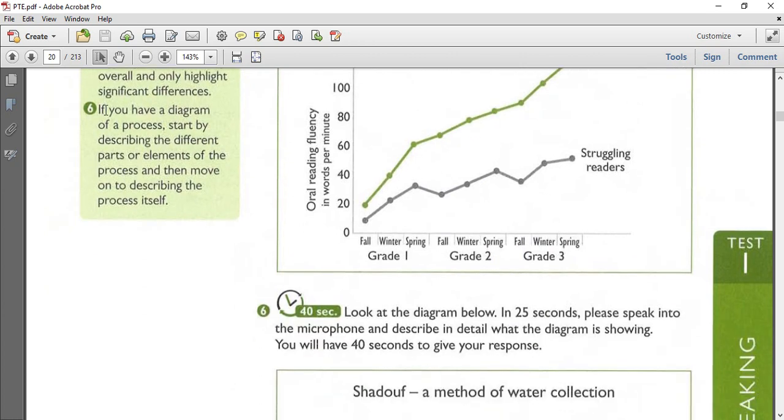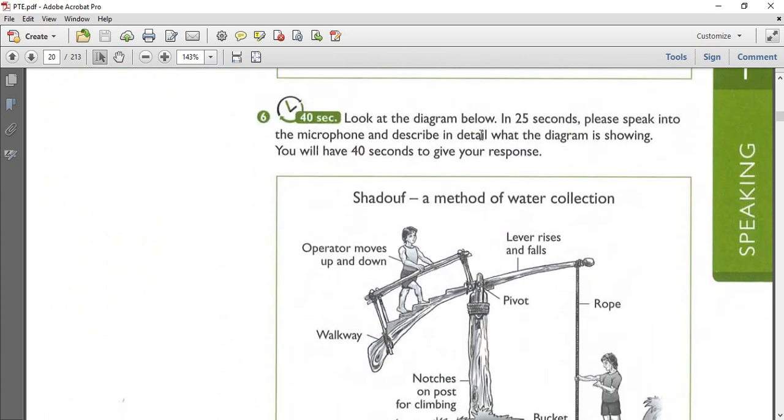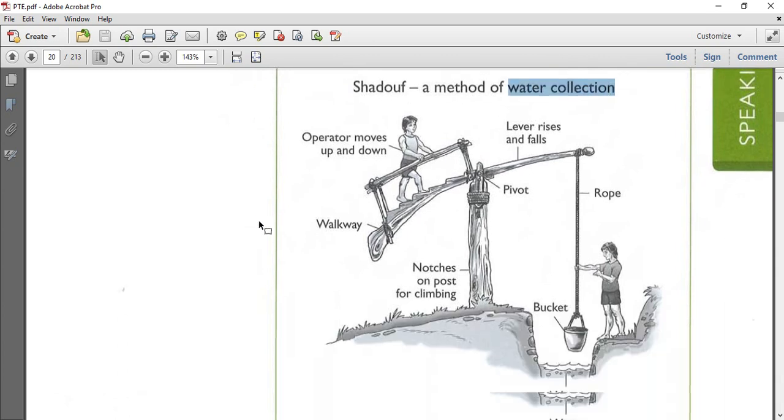If you have a diagram or process, start by describing the different parts, the elements of the process, and then move to describing the process itself. So here is a little bit different diagram, which we are going to describe in detail, and this question wants us to describe it as a process. It is a method of water collection.